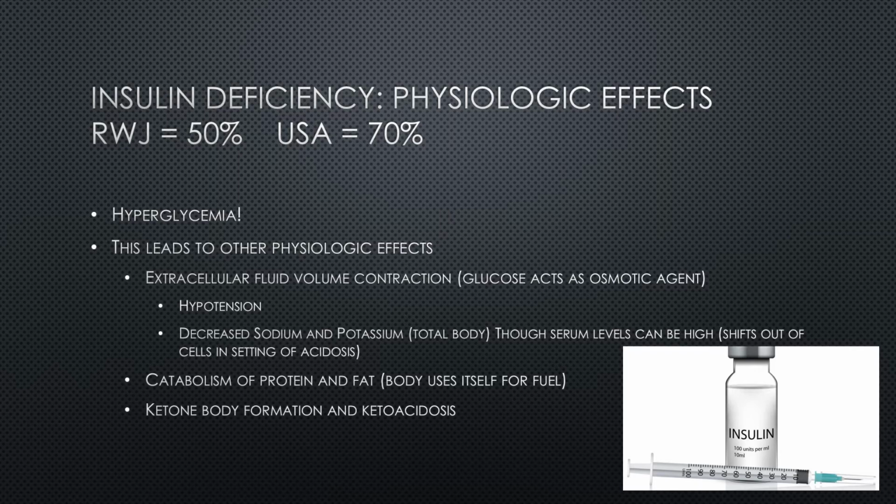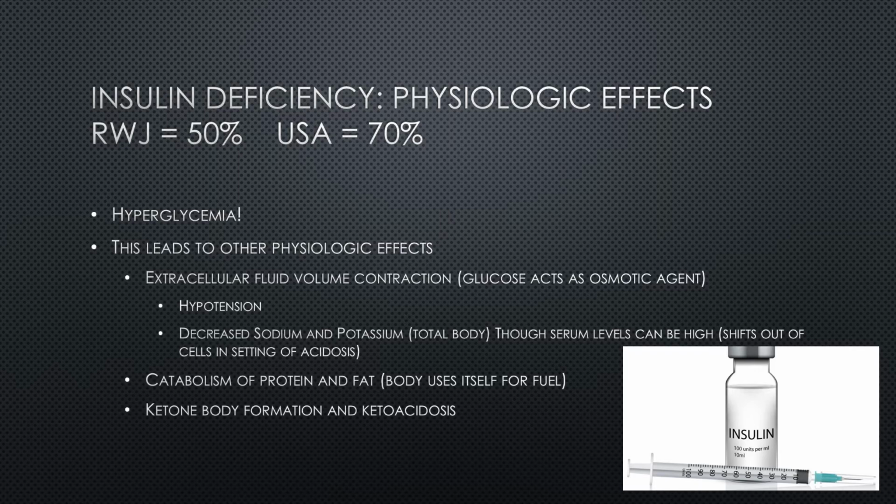What hyperglycemia can do is contract the extracellular fluid volume. Since glucose is an osmotic agent, it can draw fluid from the extravascular space into the vascular space. This can eventually cause hypotension after the fluid is cleared from the body.